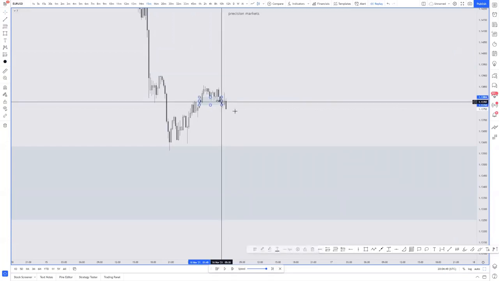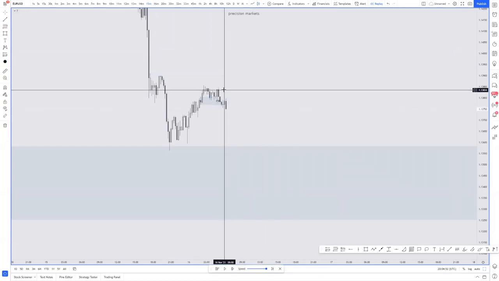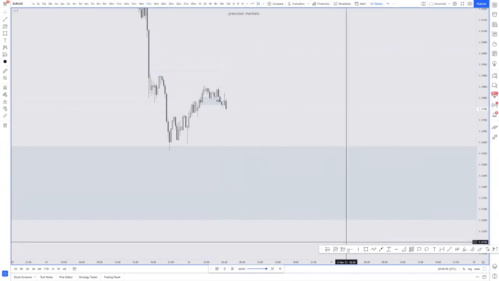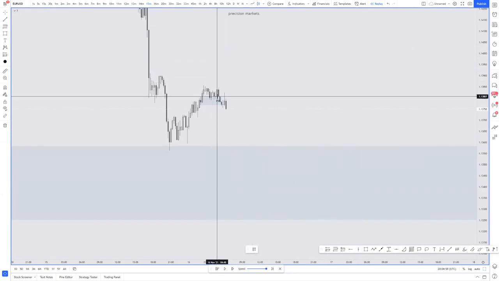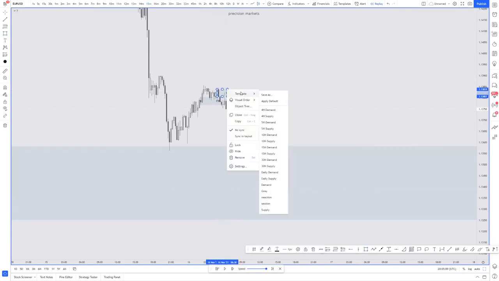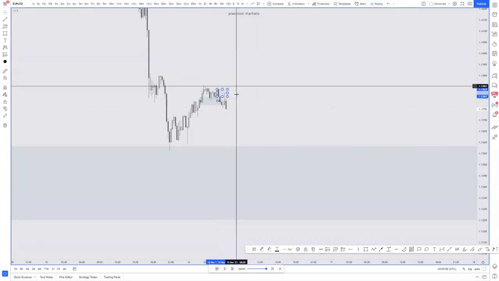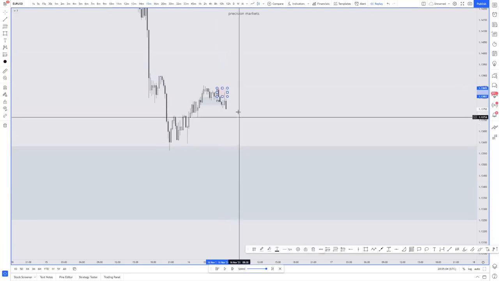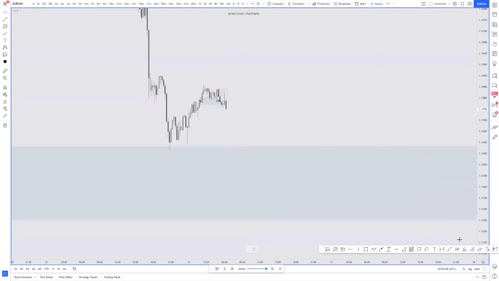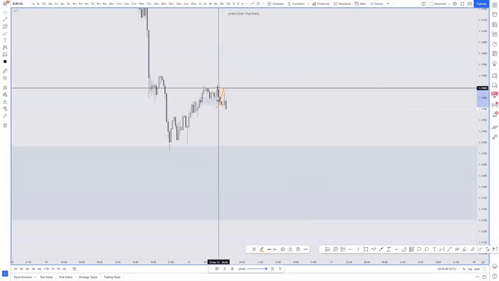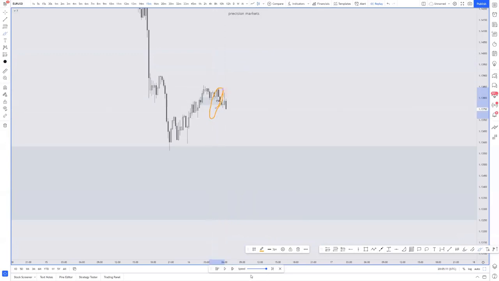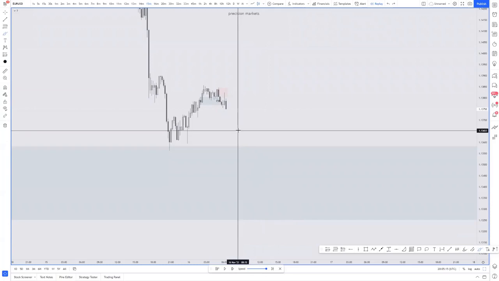Right off the bat here, you would notice that we do tap into the extreme of the supply. The reason this zone gets tapped is this is our initial flip zone, and you want to find these flip zones because a lot of times price will return to the flip zones and we'll get a reaction.